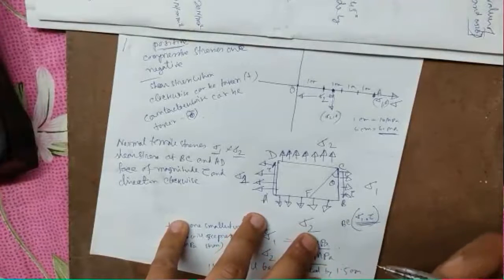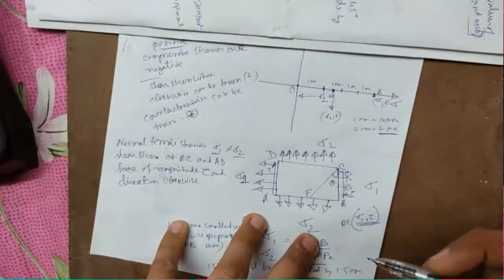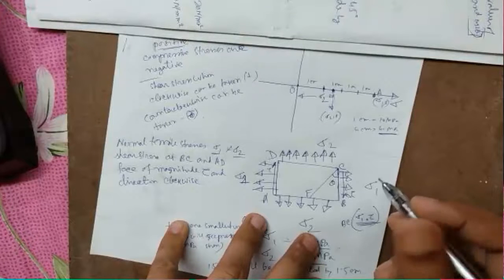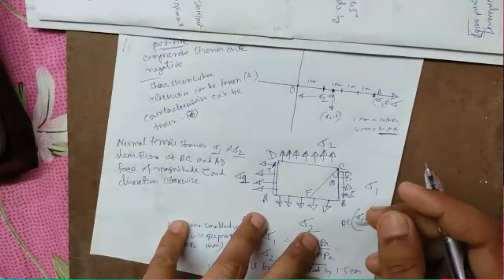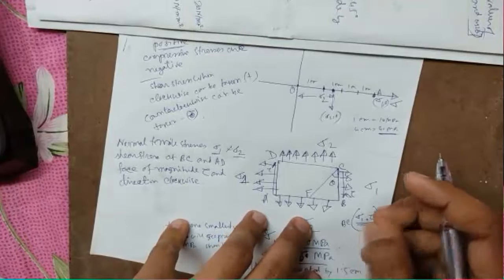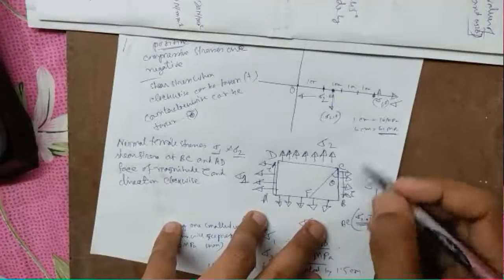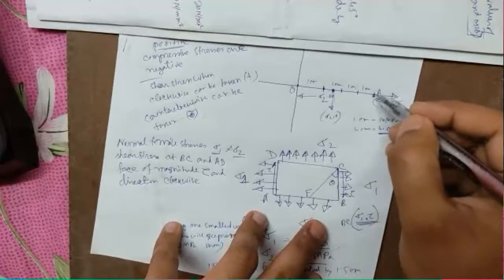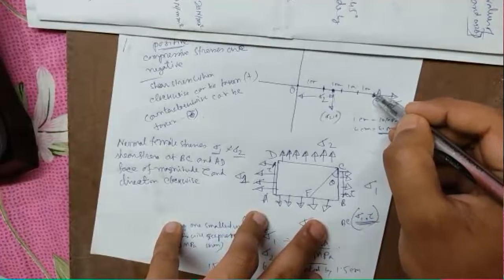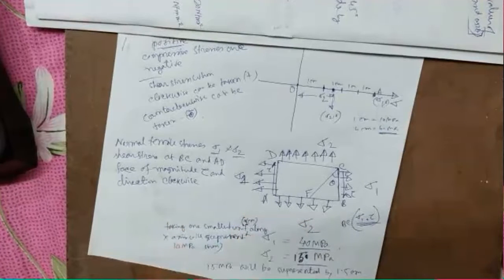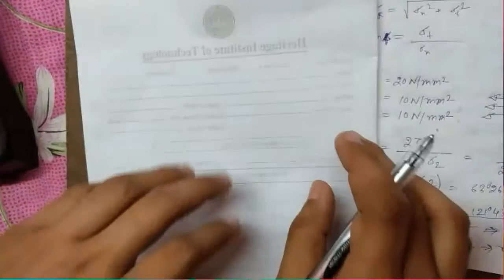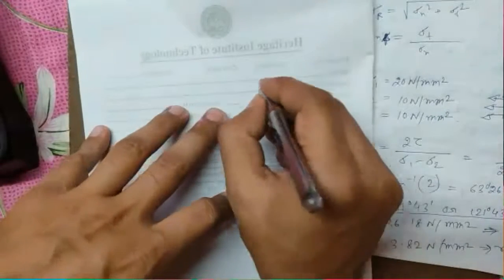So if clockwise is taken positive, then, I think the situation is getting complicated, so we will go with an easy problem first.